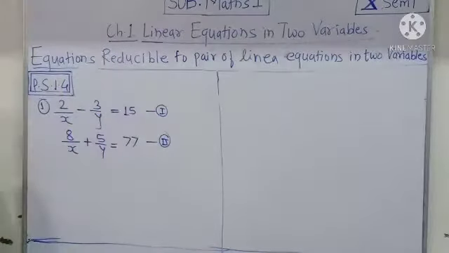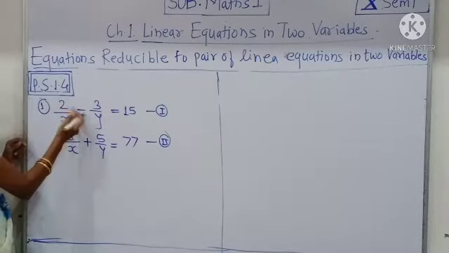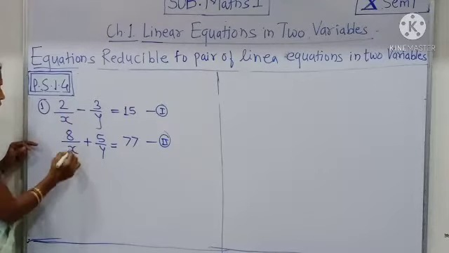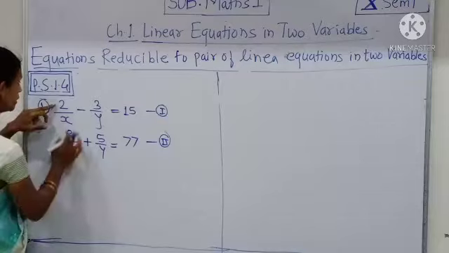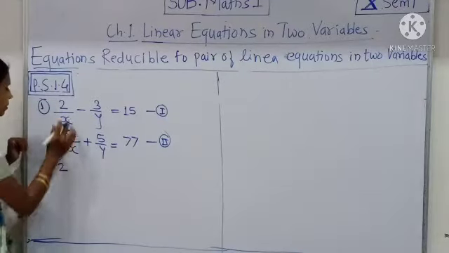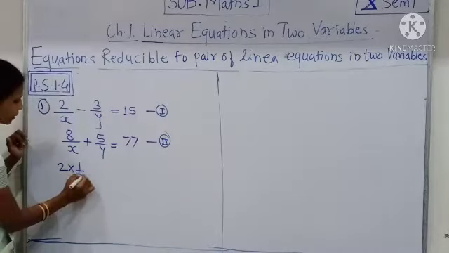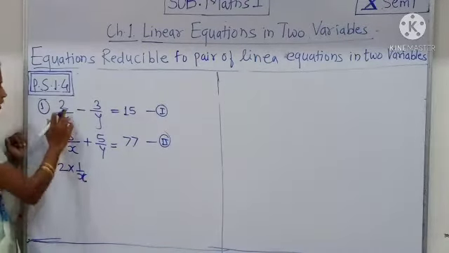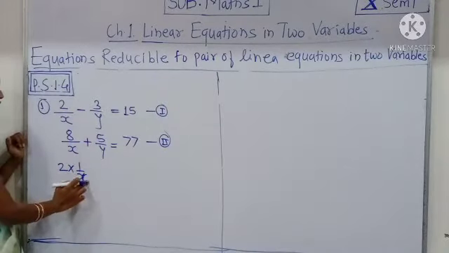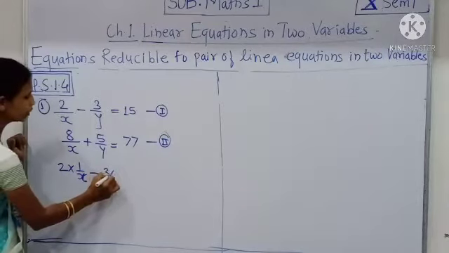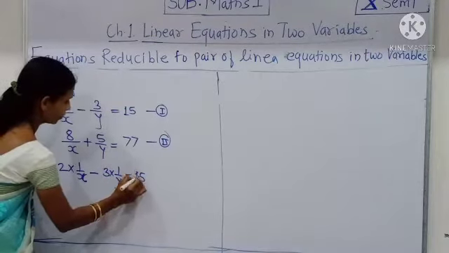Then see here, we will rewrite equation number 1 and equation number 2 by arranging them like this: splitting 2 upon x into 2 into 1 upon x, minus 3 into 1 upon y is equal to 15.